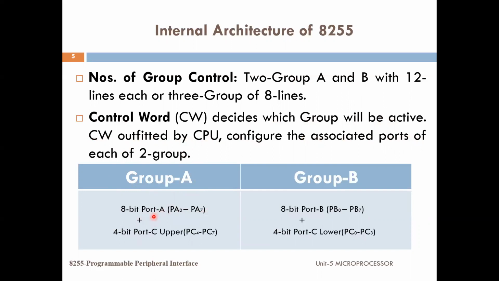Along with port A, it contains the upper lines of port C, which is 4 bit, whose representation is PC4 to PC7. Whereas group B contains port B, which is again 8 bit, and port C lower, which is 4 bit, and representation is PC0 to PC3.